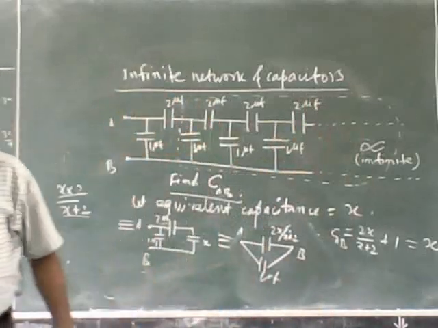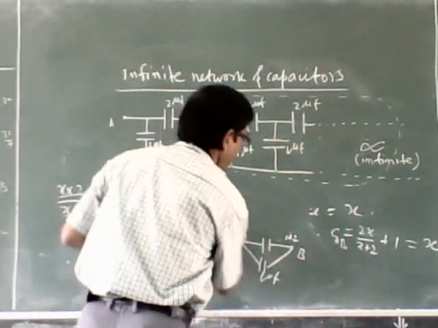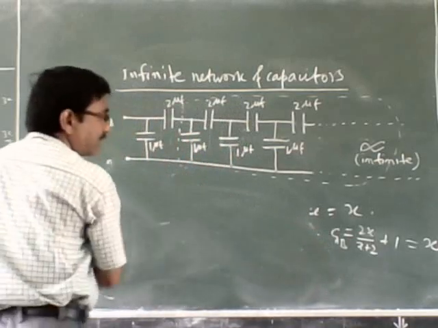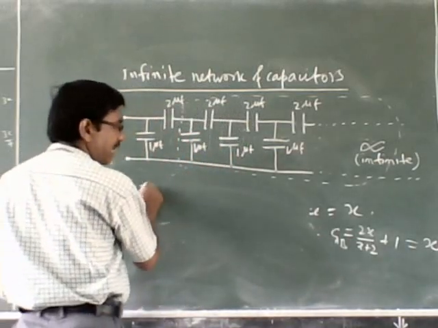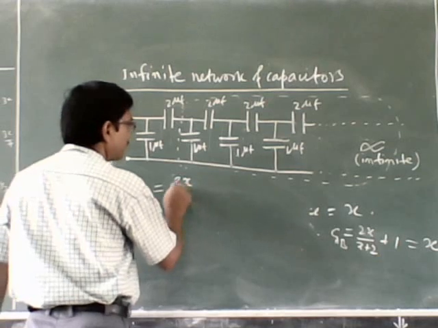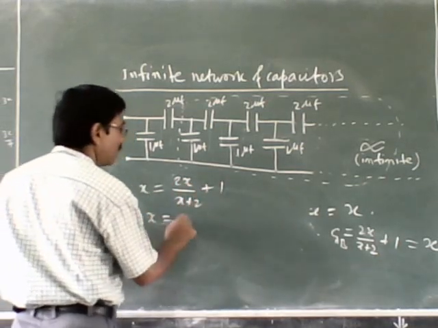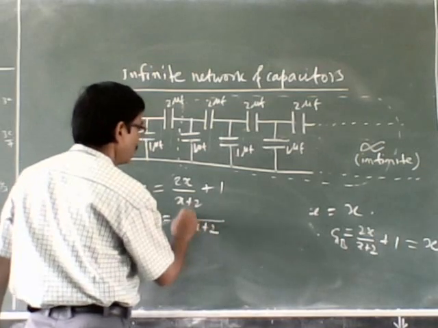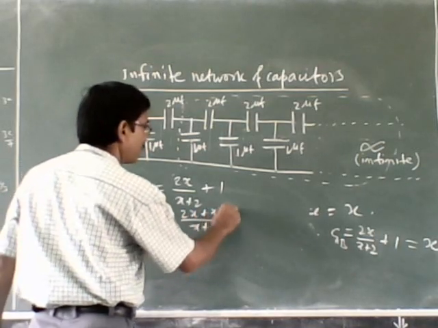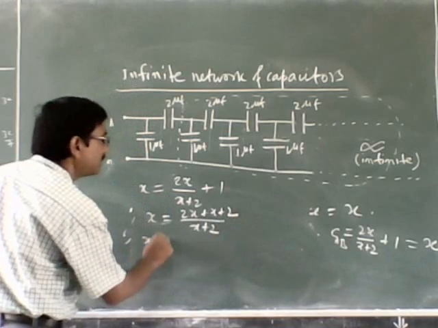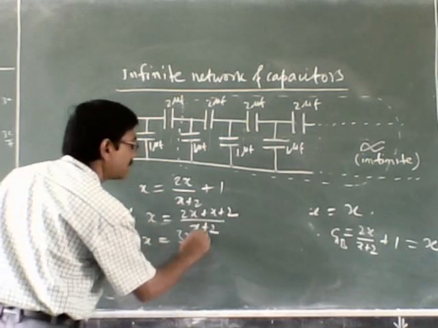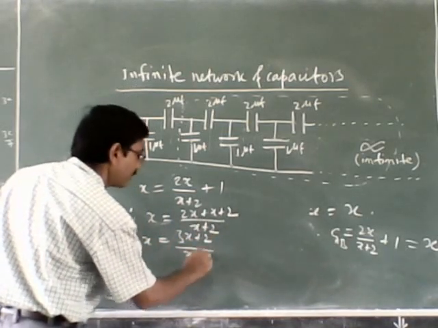So therefore you can write that X is equal to 2X by X plus 2 plus 1, or X is equal to (2X plus X plus 2) by (X plus 2), meaning 3X plus 2 by X plus 2.